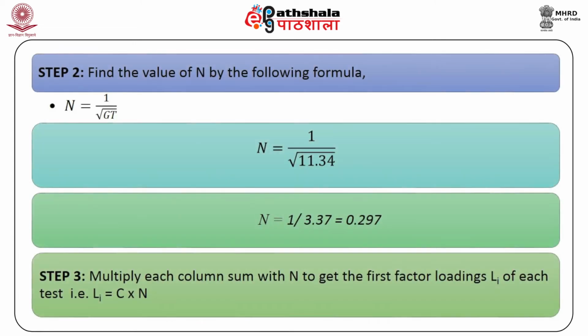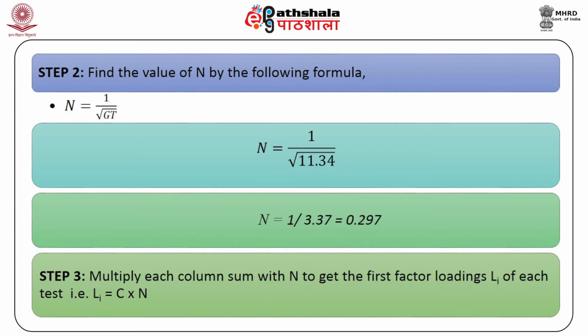The next step is to find the value of n by the formula n equals 1 upon the square root of GT. So n equals 1 upon the square root of 11.34, which on calculation comes out to be 0.297.